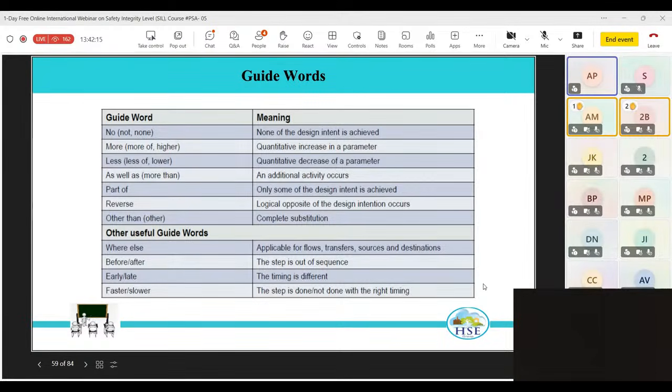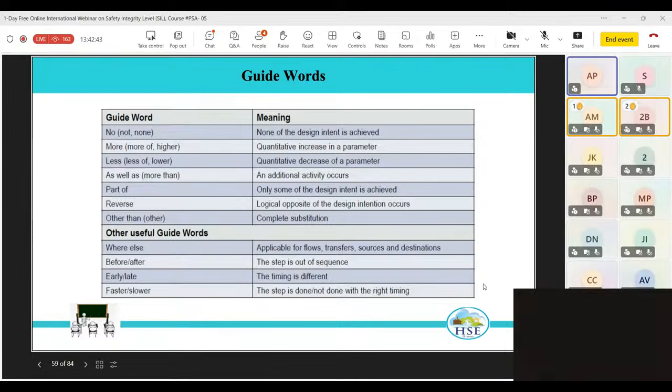No means not or none, and a typical example is that none of the design intent is achieved. More means a quantitative increase in a parameter, suppose high pressure or high level, something like that. Then less means a quantitative decrease of the parameter. As well as means an additional activity.